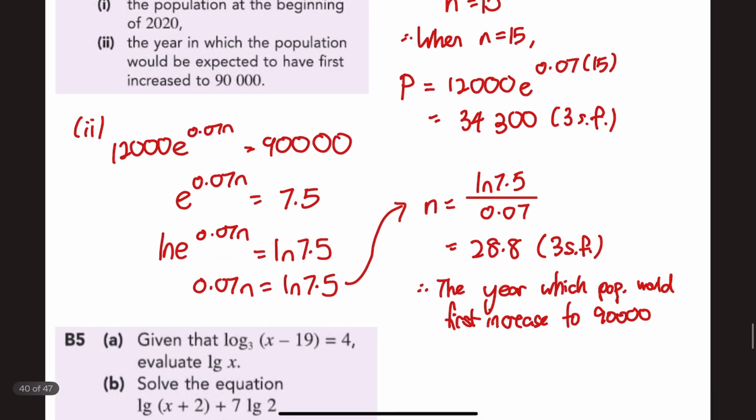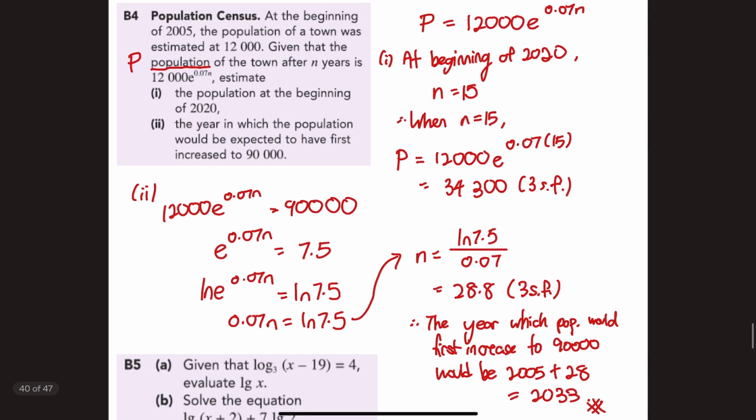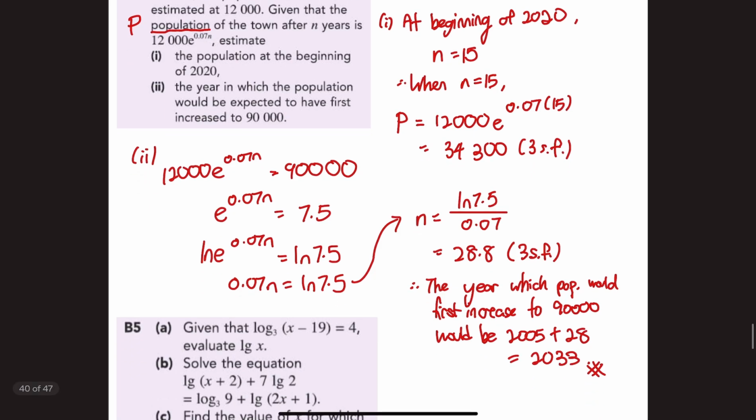So it would be 2005 plus 28 years, which is equal to 2033. And that is your final answer to this question. And this is for question B4. Great. Let's now move on to question B5.